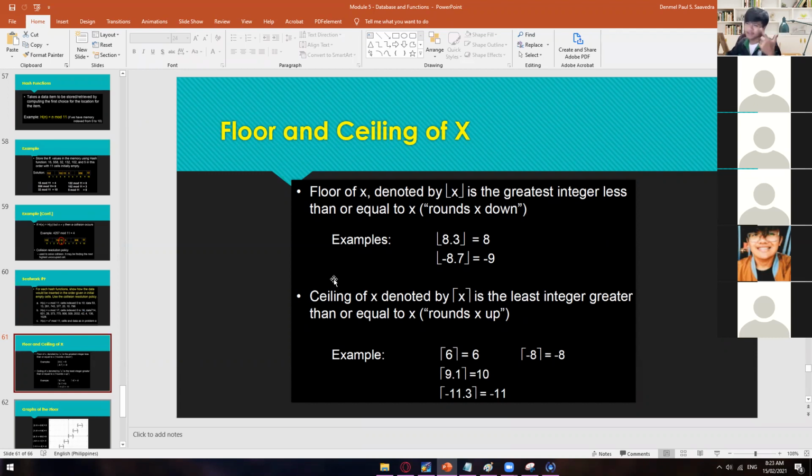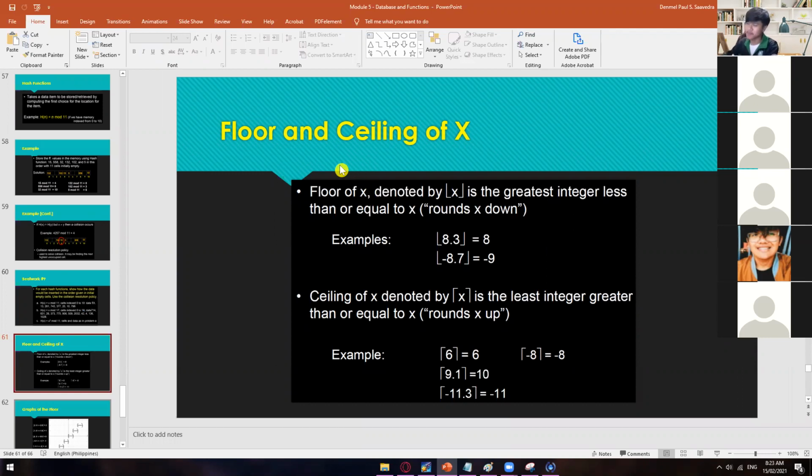So when we say floor and ceiling, it doesn't matter what your decimal is. Unlike the normal way of rounding, where if it's 0.4 and below you round down, and if it's 0.5 and above you round up, in floor and ceiling that's not how it works.